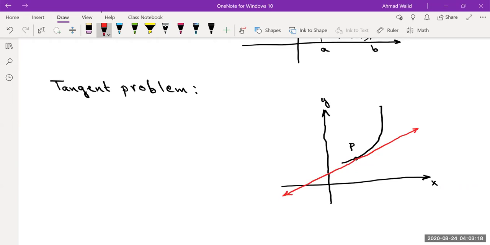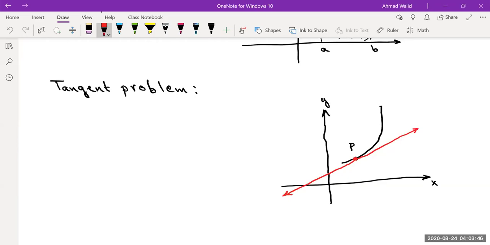Actually, they are saying touching the circle in one point. That circle is also a curve, right? Our goal here is to find the slope of this line at this given point. Using algebra, you know that it is impossible to find the slope of a line if you have only one point.